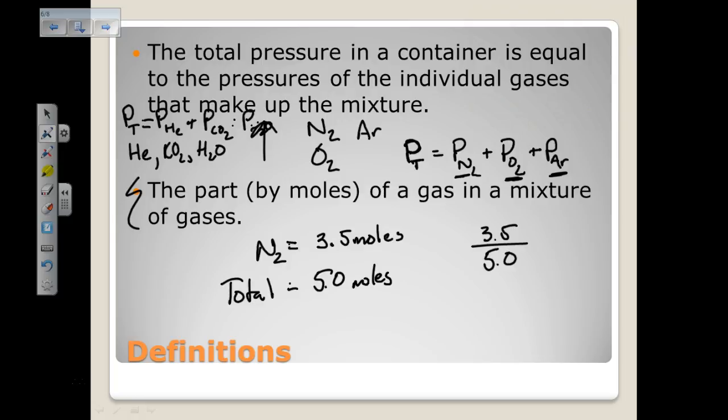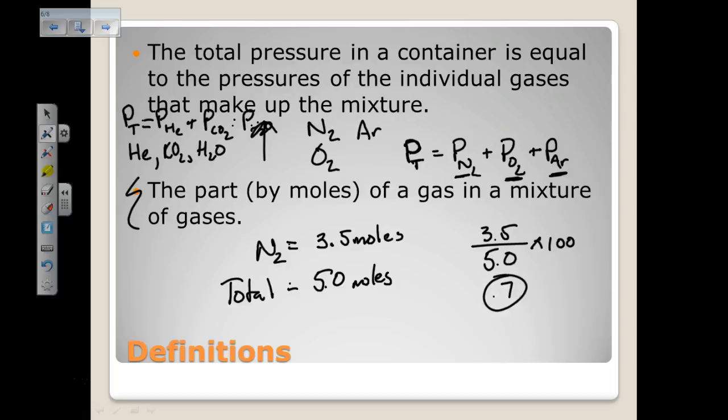Now if you want the mole percent, you would just multiply that by 100. That's going to give you 70%, or the mole fraction could be 0.7.